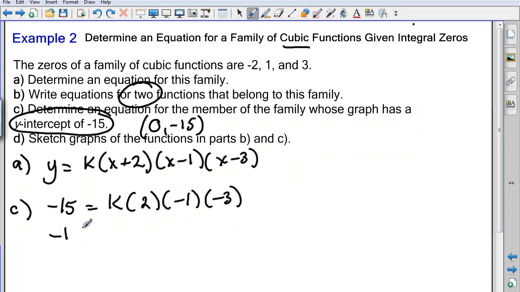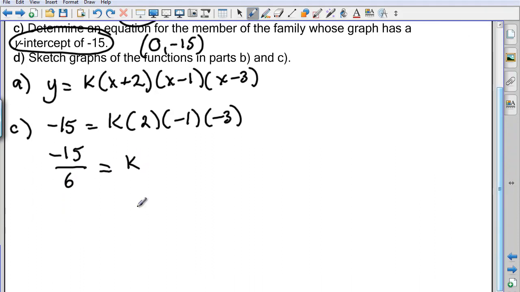We end up with -15 over a +6 is equal to k, which simplifies to be k is equal to -5 over 2. Again, this is a terminating decimal, but try and keep it in the factored form.